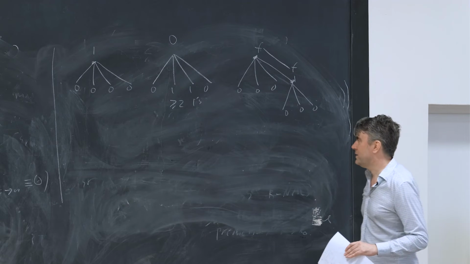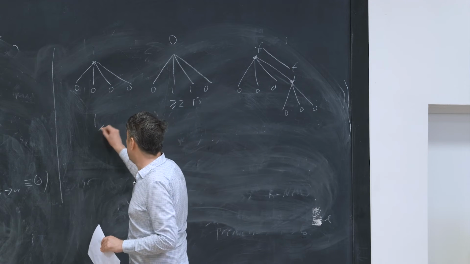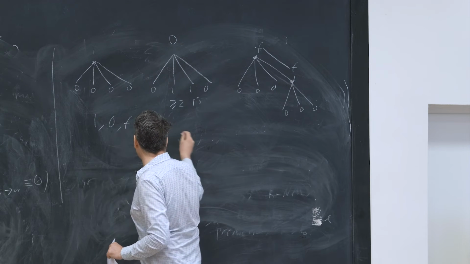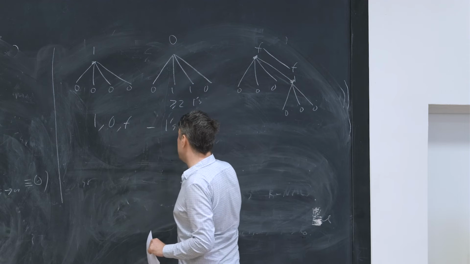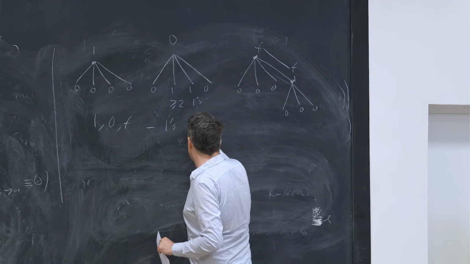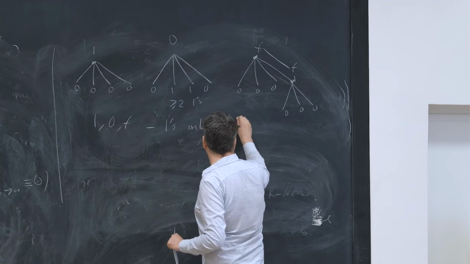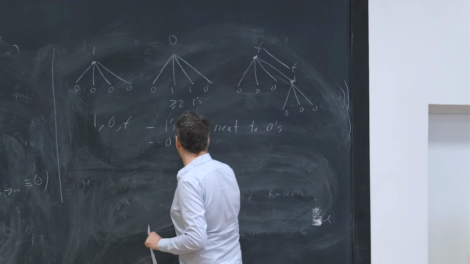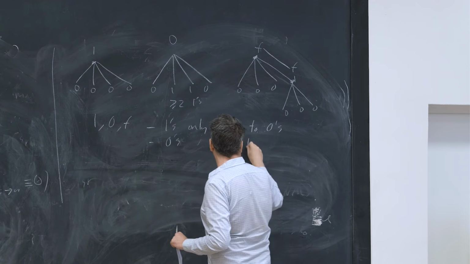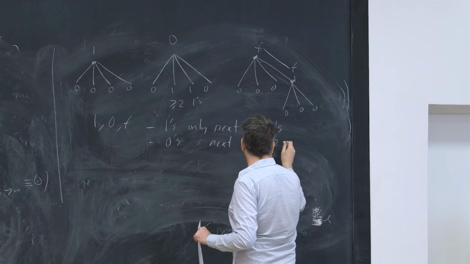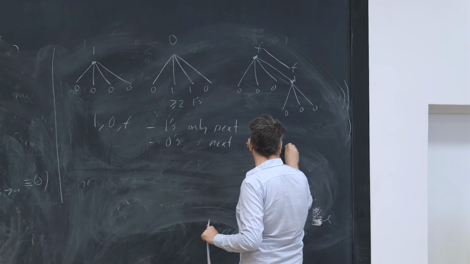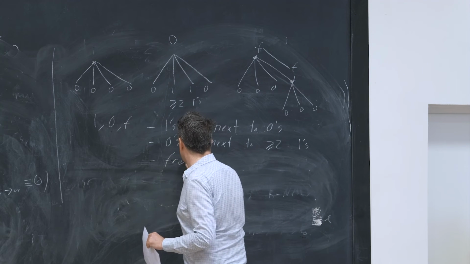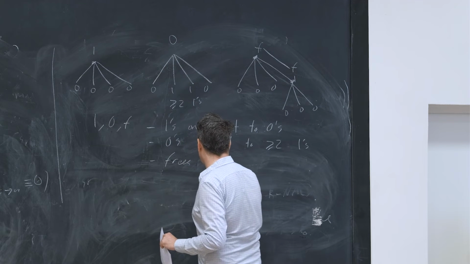So a locally maximal independent set is an assignment of ones and zeros and frees with the following rules. Ones are only next to zeros. Zeros have to be next to at least two ones, and free variables come in pairs.